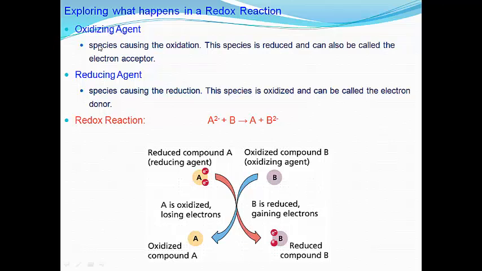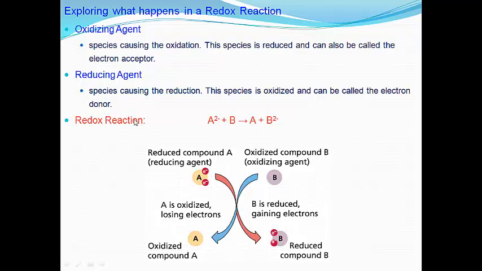And we call these agents or species oxidizing agent, where the oxidizing agent is the species that causes oxidation and itself is reduced in the process. And the reducing agent is the agent causing reduction and itself is oxidized in the process. We can call the oxidizing agent an electron acceptor and the reducing agent an electron donor.